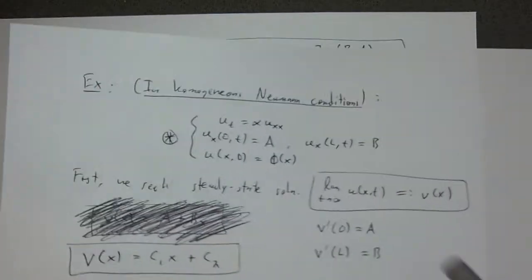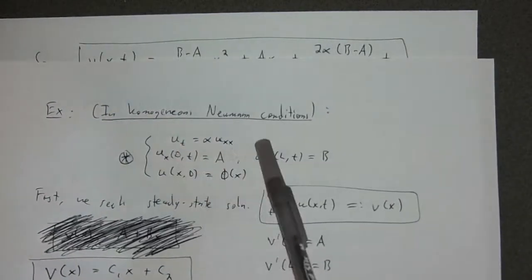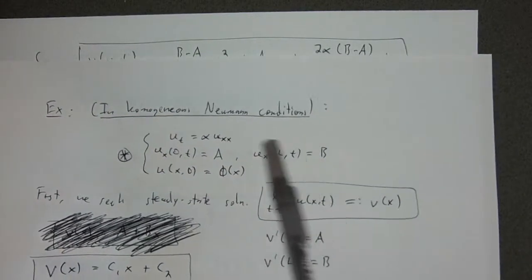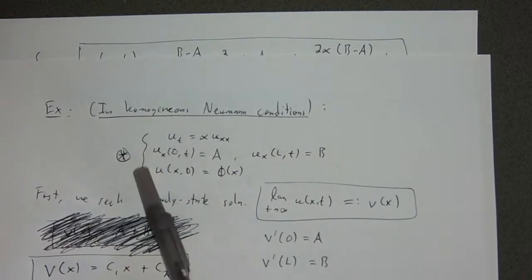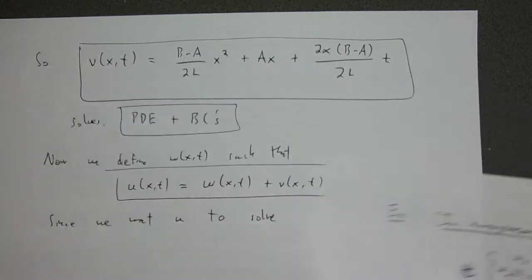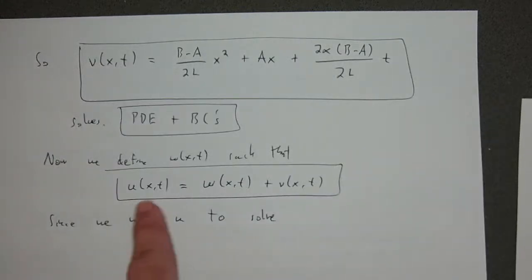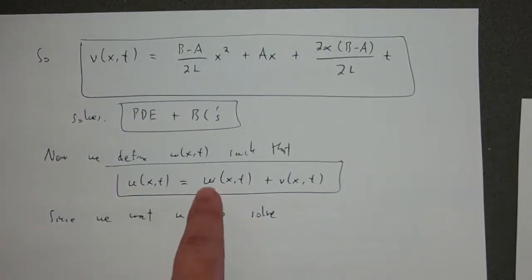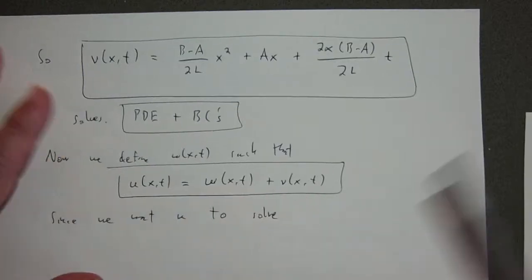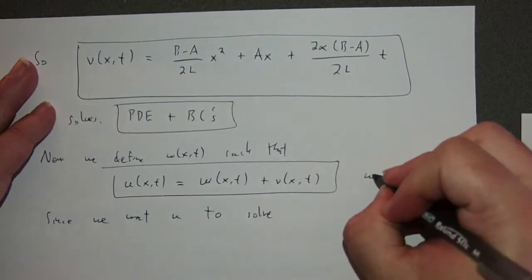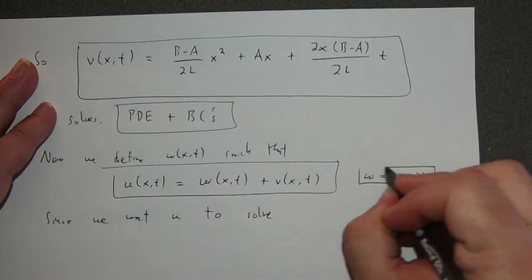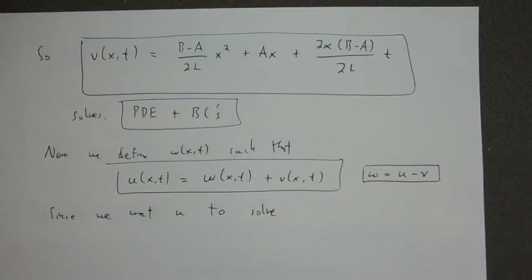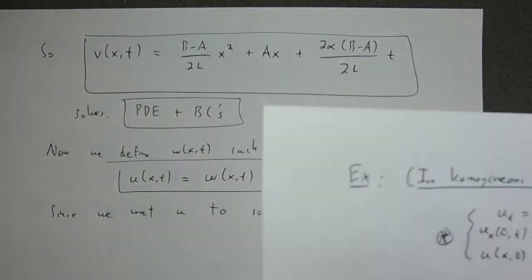We know that v solves this PDE plus these boundary conditions, but we haven't imposed any initial condition on v. So then what should w solve? Recall, this would mean that w is u minus v. As before, take advantage of the linearity here.